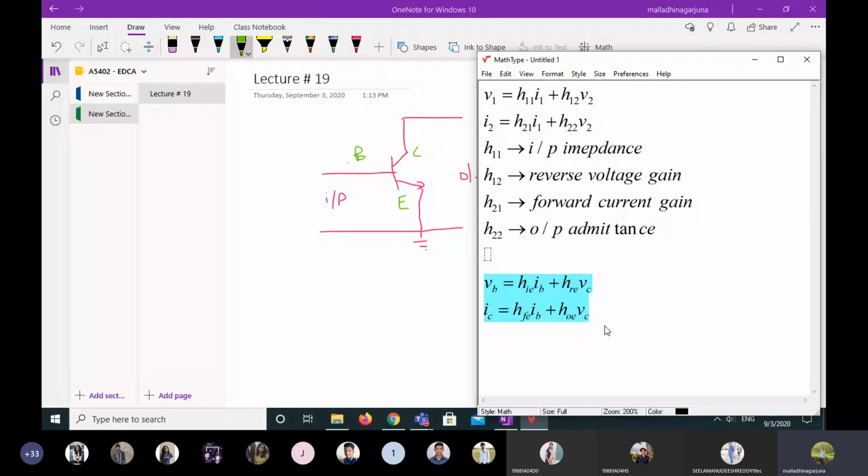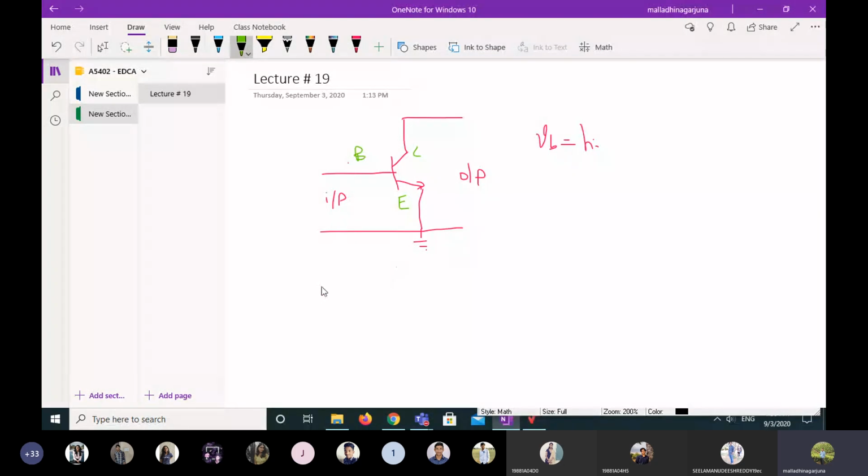Similarly, if you want to write the same equations for common base, let me draw the circuit for common base. In common base, the input is the emitter terminal.